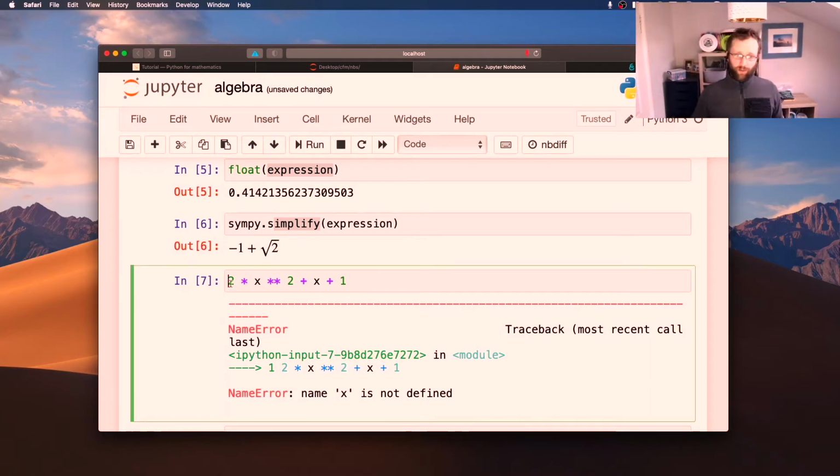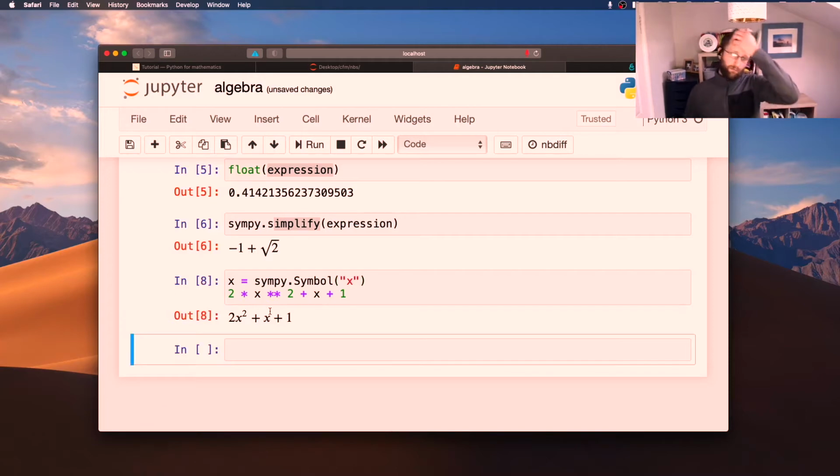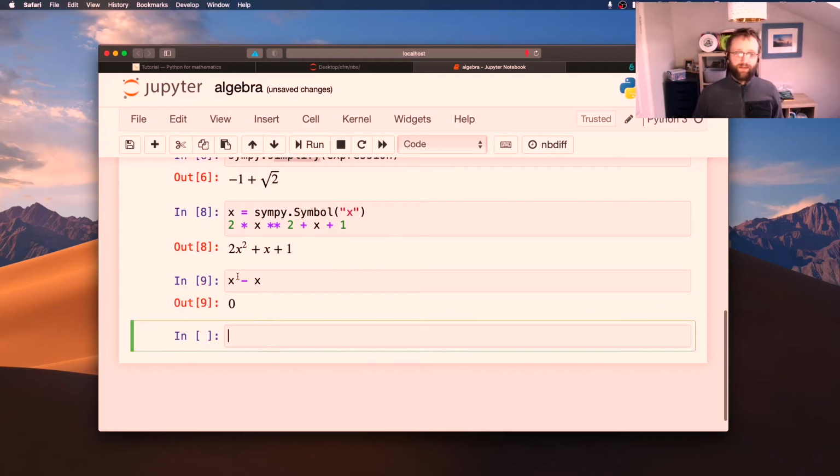But this is where SymPy becomes powerful, because we can say x is actually the SymPy symbol x. And now if we run that, it's like, oh, okay, I now understand. And indeed, if I say, what is x minus x? It knows that's 0.